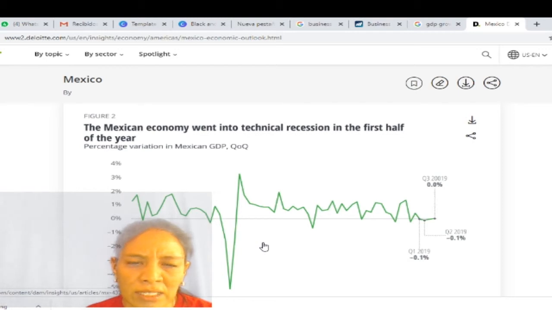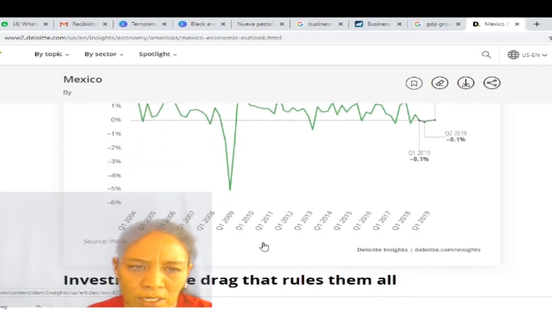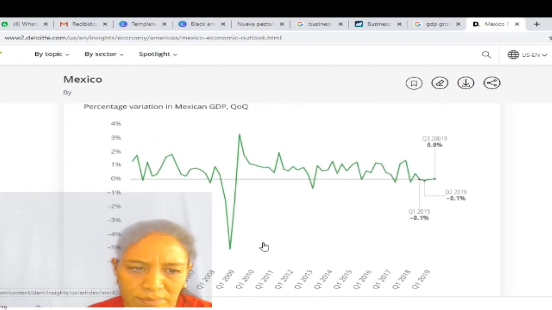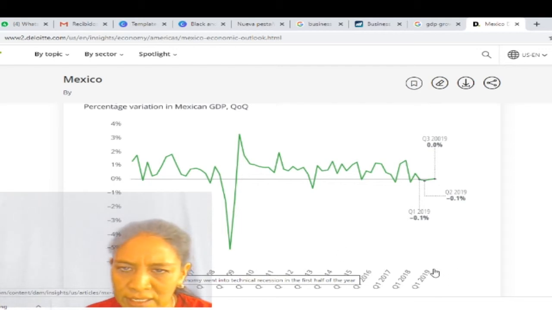Mexican economy into technical recession in the first half of the year. Percentage variation in Mexican GDP in quantities. 2004 here and 2019 here.